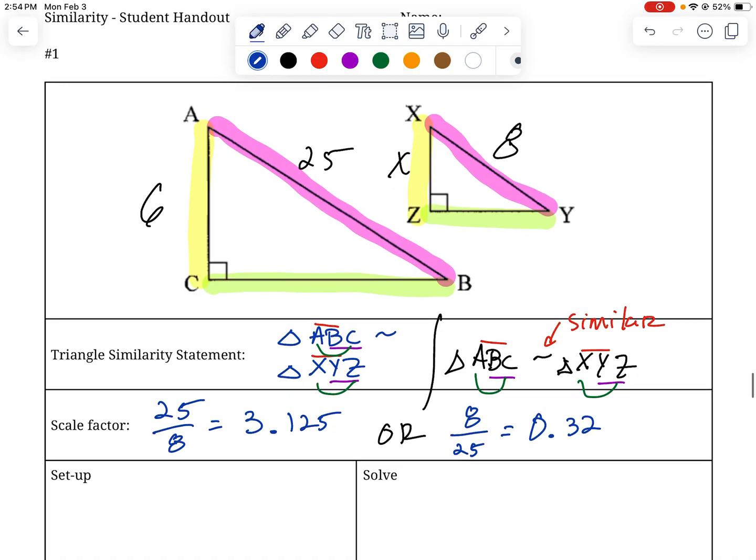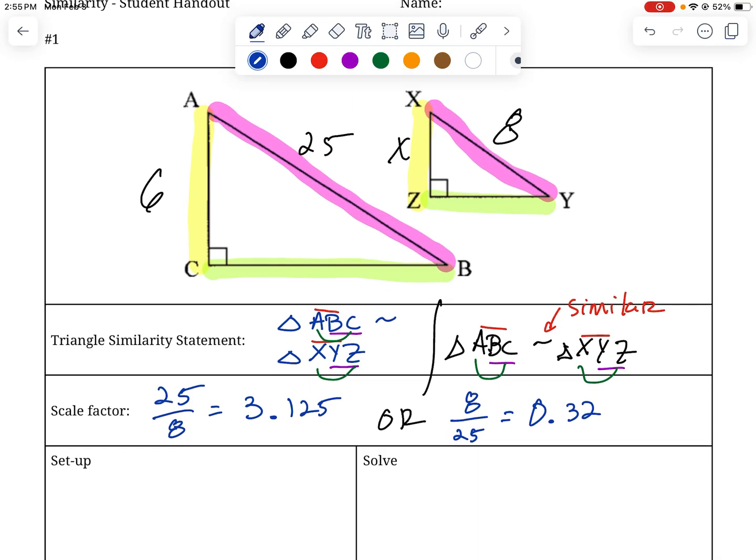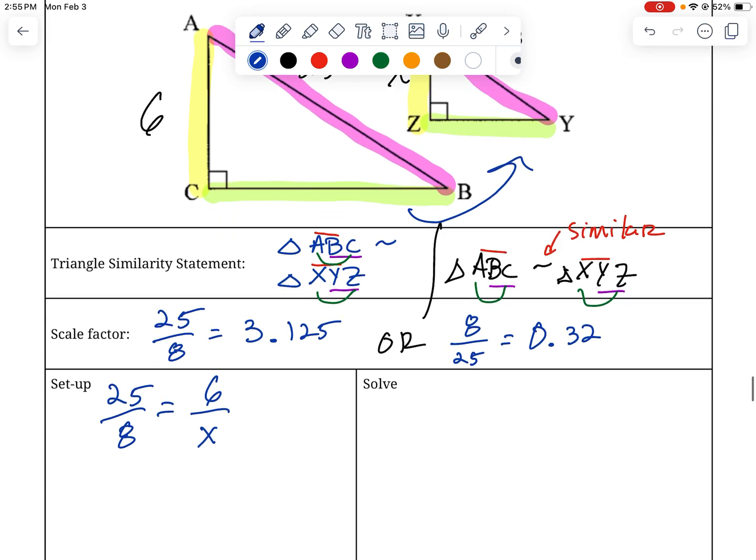So here, I want to use the numbers that I have. What do I have? I have 25 over 8 equals. A proportion is a fraction equal to a fraction, remember? Since I went from left to right, from the big triangle to the small triangle, I'm going to go from 6 over X. That is not the same as this.